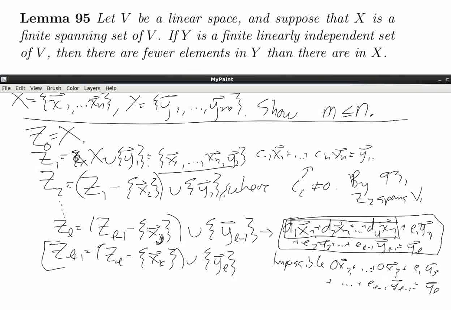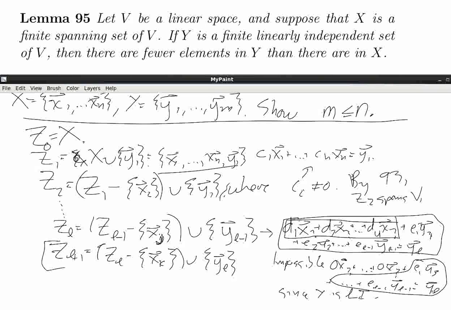The reason why is because this is linearly independent, since y is linearly independent. So since the y's are linearly independent, that means that there are no such coefficients that you can put together that equal another one, unless they're all equal to 0.